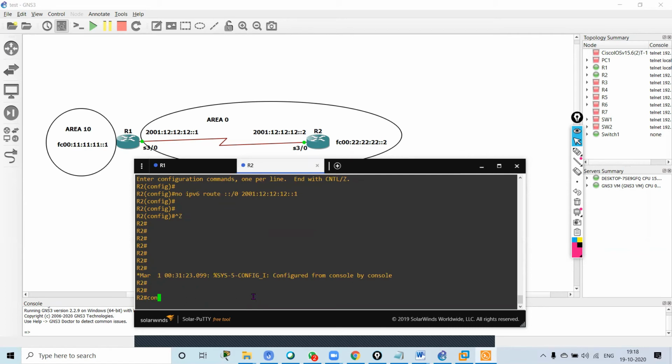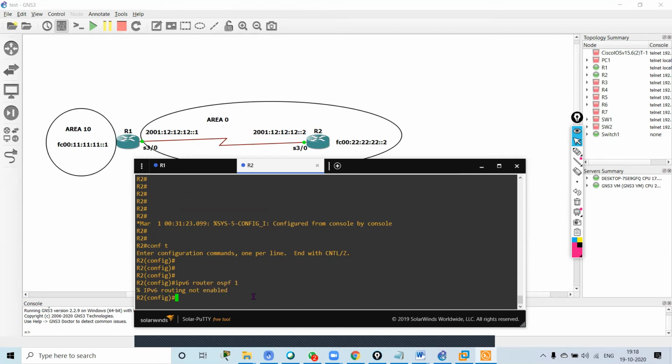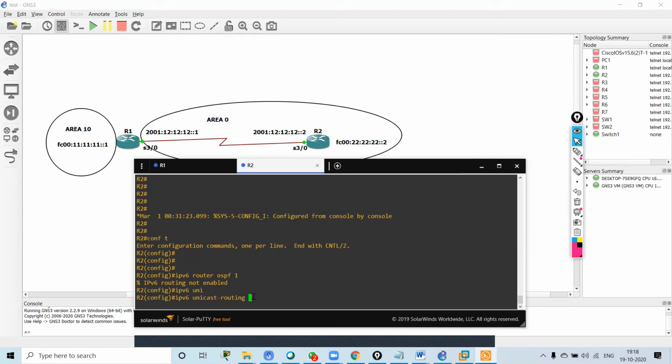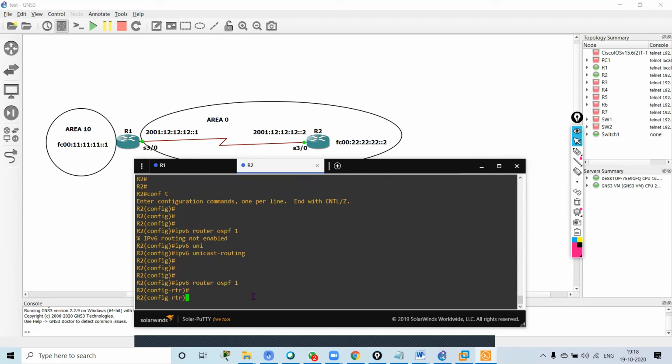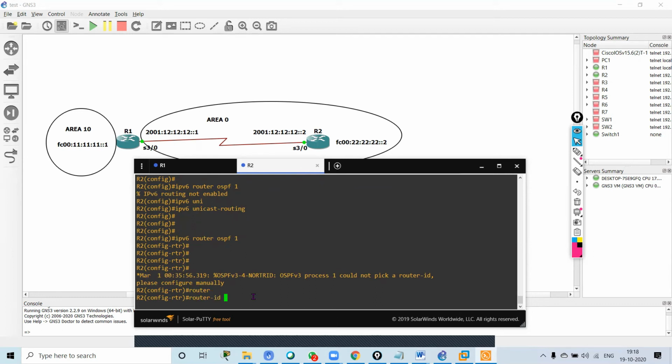Let me go on R2. IPv6 router OSPF 1, IPv6 unicast routing. See, again I will get a prompt that the router ID is not selected. So router ID 22.2.2.2, suppose.